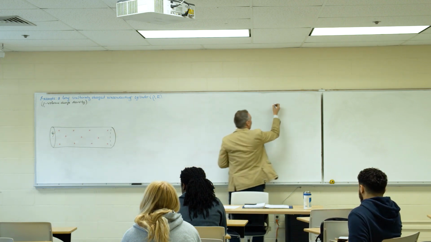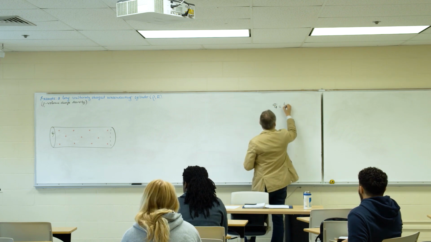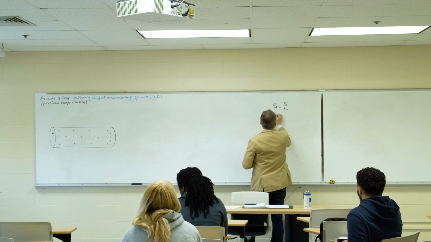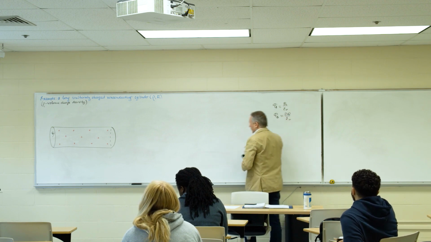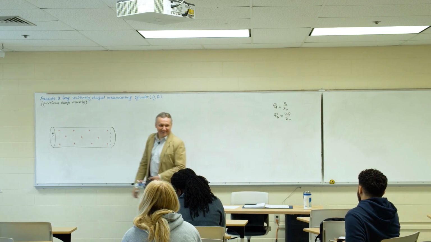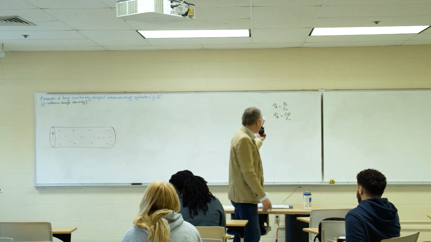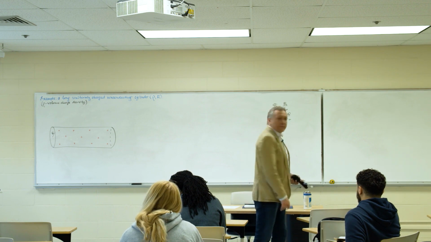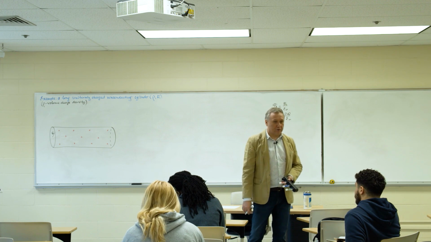Let me write it. Flux A is Q divided by epsilon naught, flux B is 2Q divided by epsilon naught. Which one is larger? Of course, it's a silly question. Okay, not silly, but almost insulting. Of course, the flux through surface B is larger.